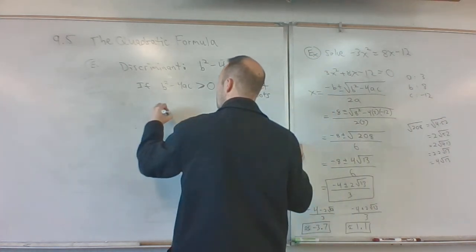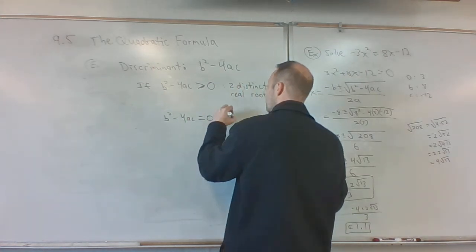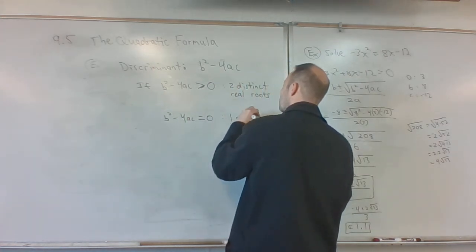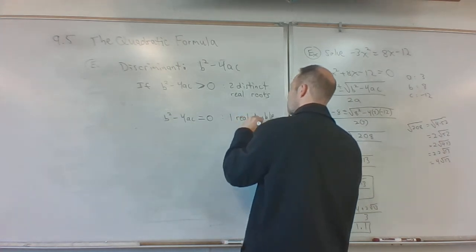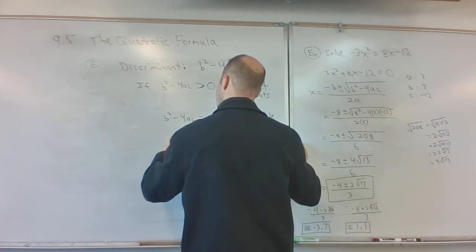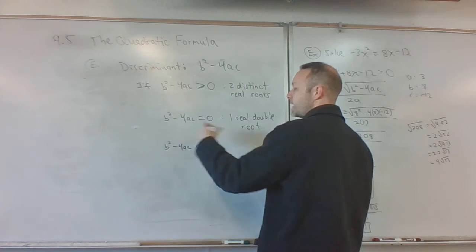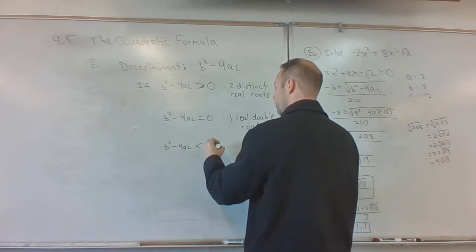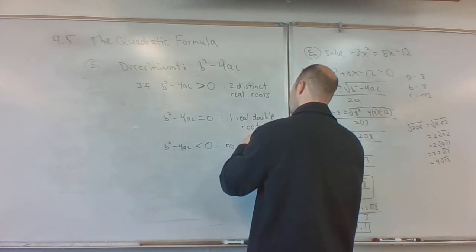If b squared minus 4ac equals 0, then you have one real double root. If b squared minus 4ac is less than 0, so you have a negative number inside the square root, then you have no real roots.